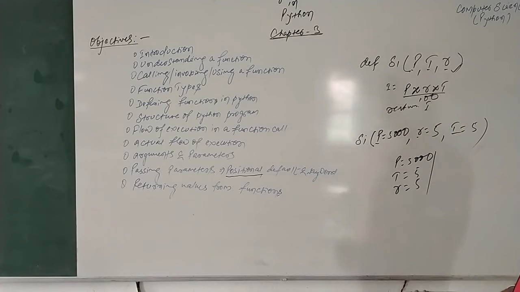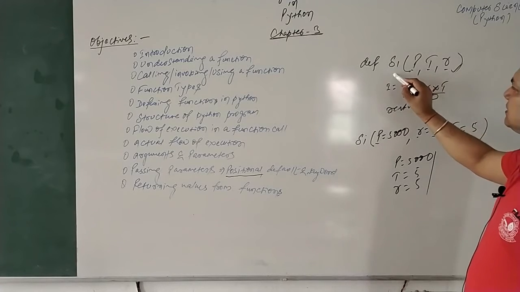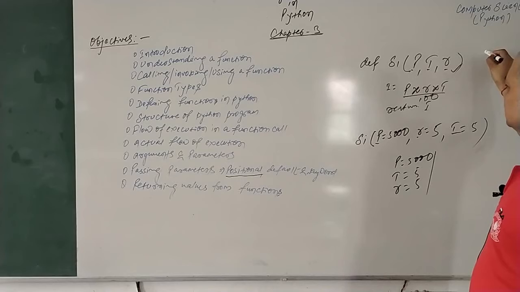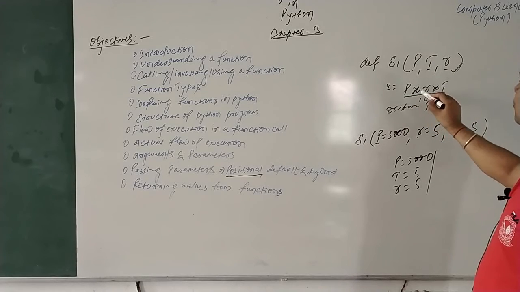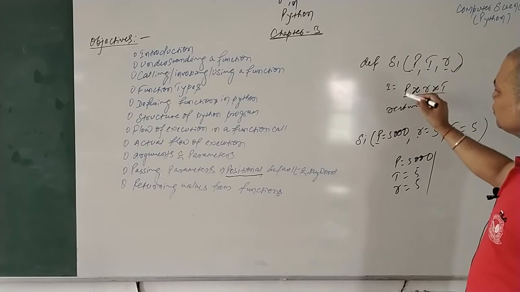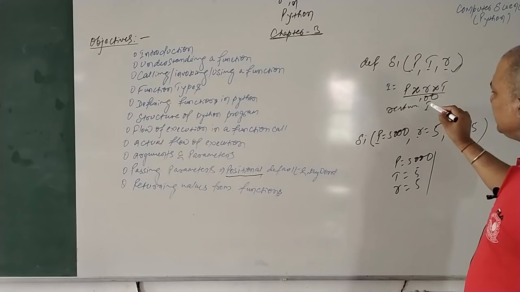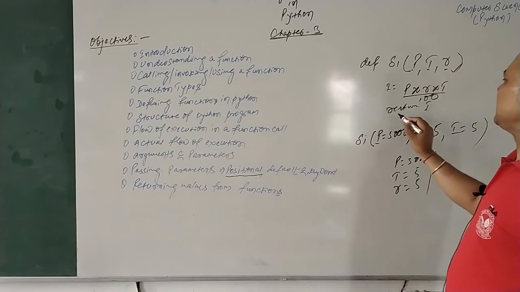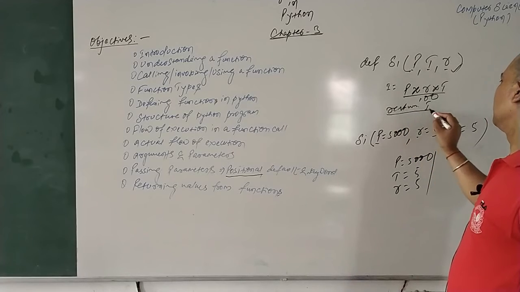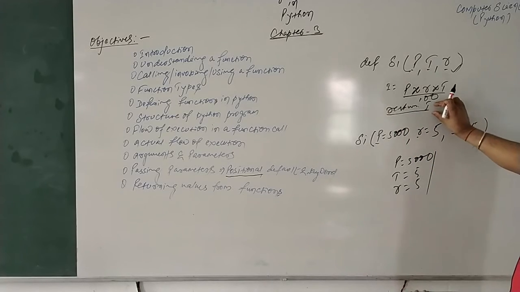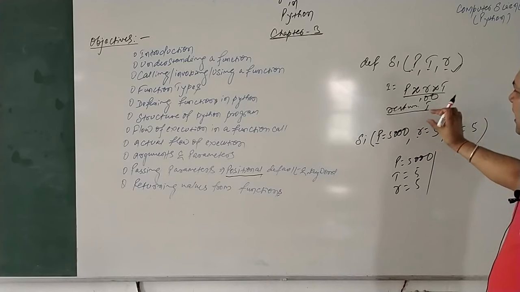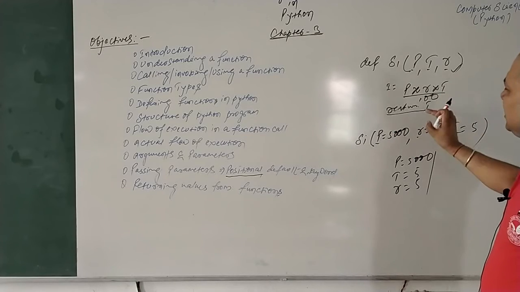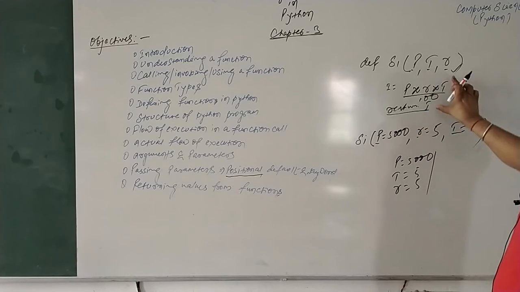What is happening here? Once you mention these three parameters and you mention that P into R into T by 100, this calculation will be stored in I and it will be returned in the form of return I. Once this statement is there in your Python program, after that Python will not execute any statement of this body.